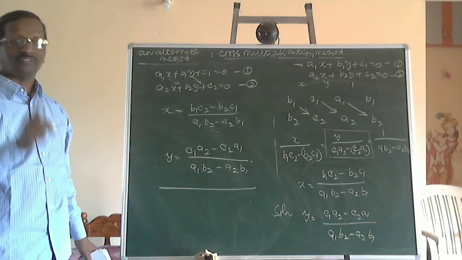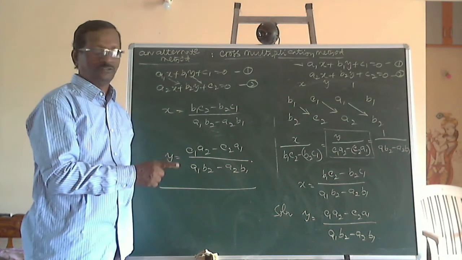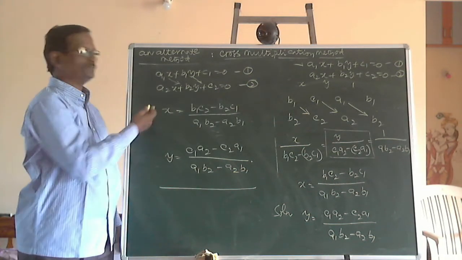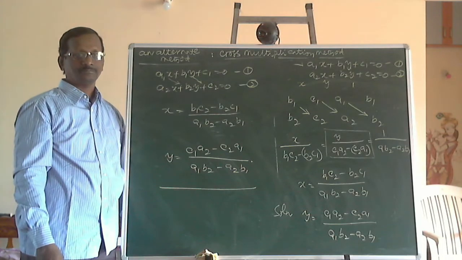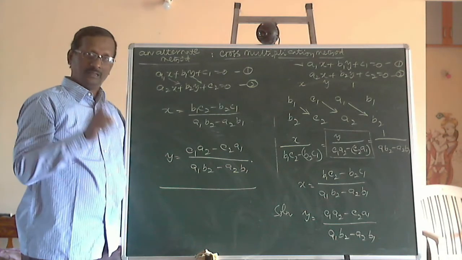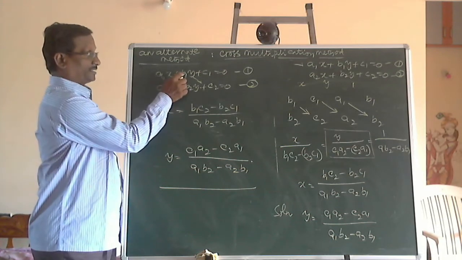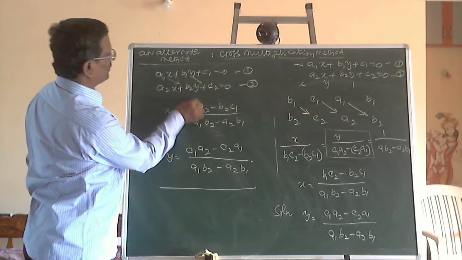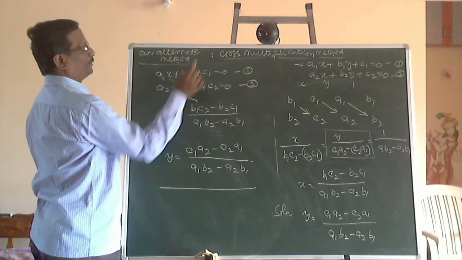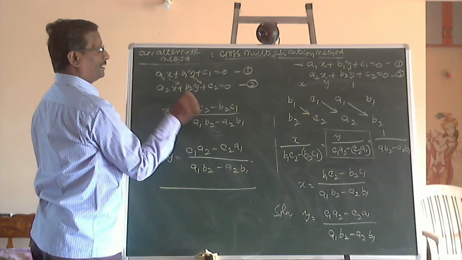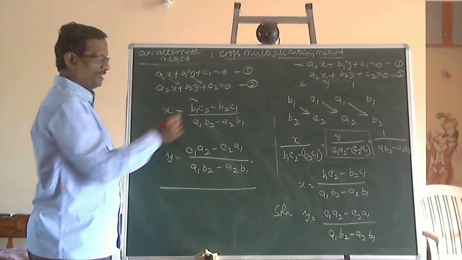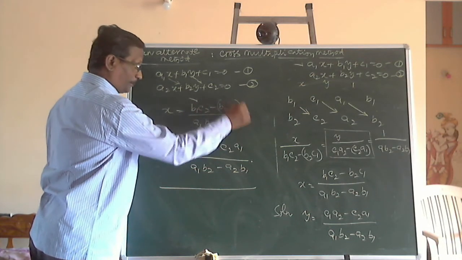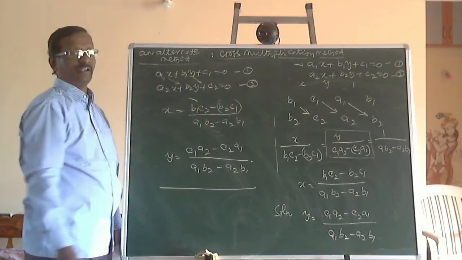If you want both the values, x value and y value, the total solution, we can do any one of the methods. But when you want only x or only y, see this, it is very easy. Here always remember the first product, for example b1c2, and the second product is b2c1. While doing the problem, after writing the first product b1c2, put a minus sign, then put the bracket, and then inside write b2c1.